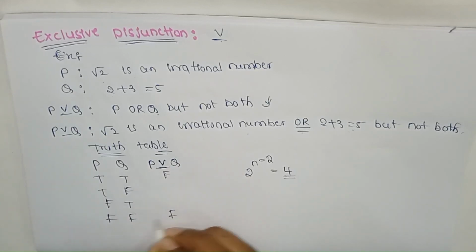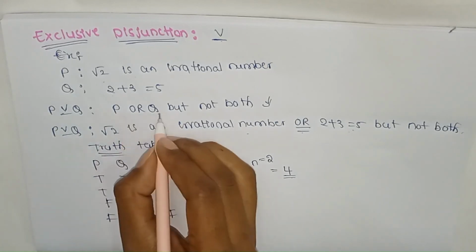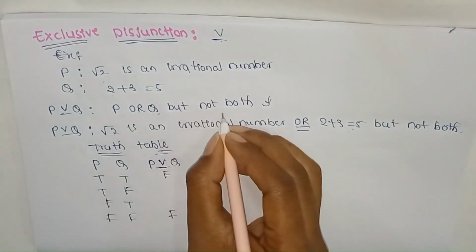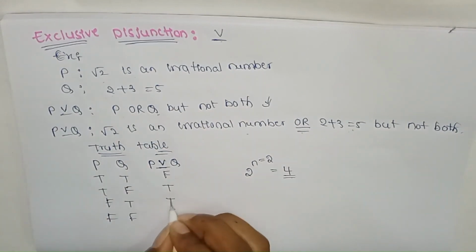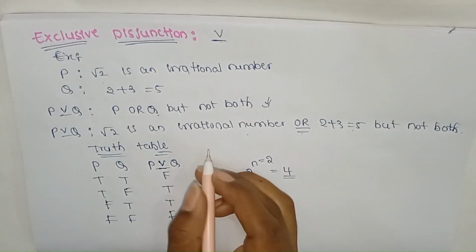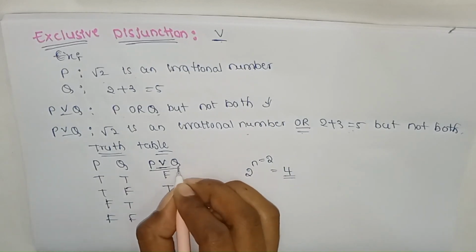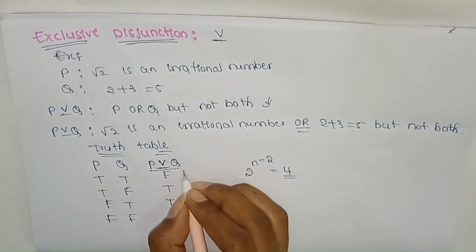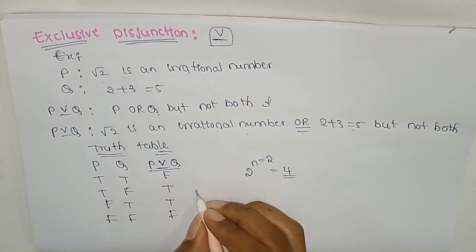If both are false also, it will become false. Only P or Q, but not both. So if any one is true, then it will become true. So P exclusive disjunction Q is the new proposition which is obtained by applying the exclusive disjunction operation.